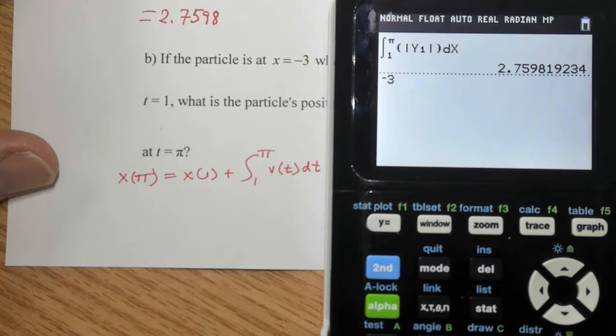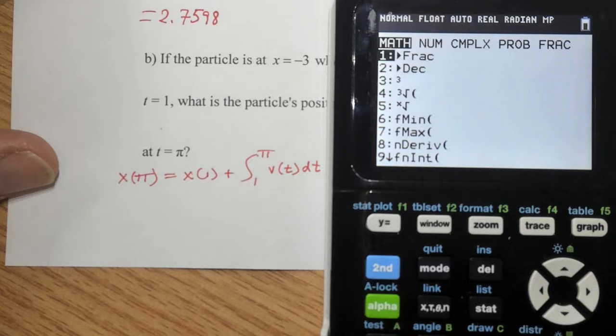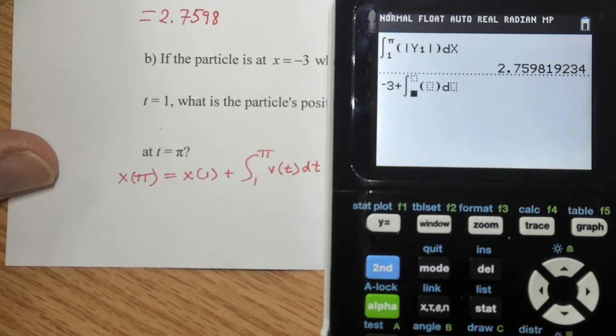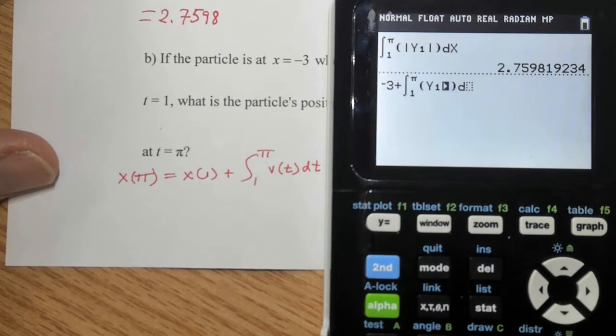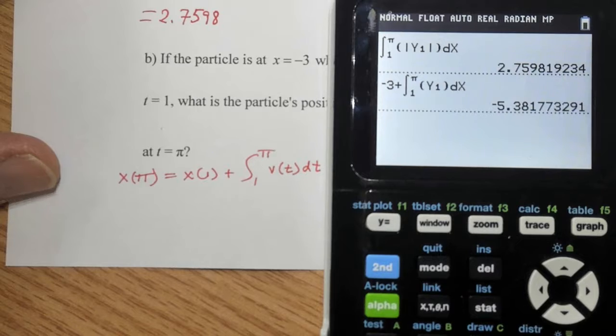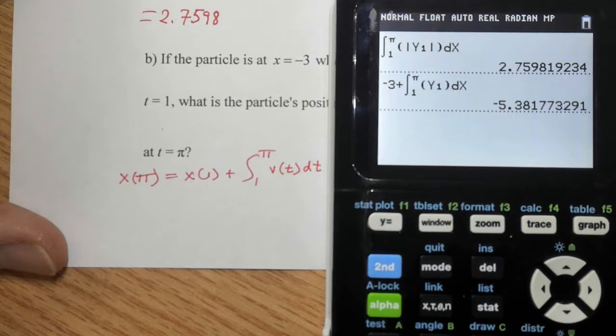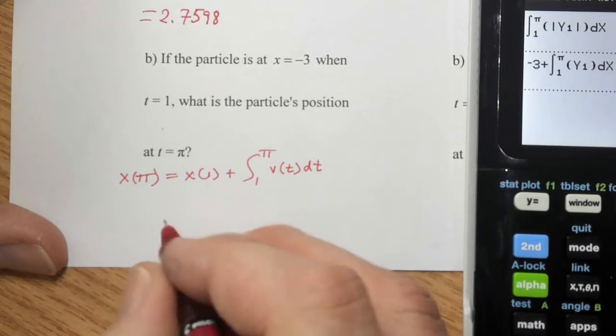So we have -3 plus, and then math 9. The low bound is 1. The upper bound is pi. And our function, again, alpha trace. Right? No absolute value this time. Variable is still x. And when we hit enter, we see -5.381 or -5.382.